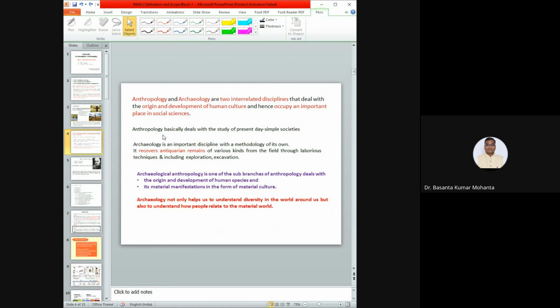It recovers the antiquarian remains of various kinds from the field by using different techniques like explorations, excavations, and also studies the collected antiquarian remains in the laboratory.